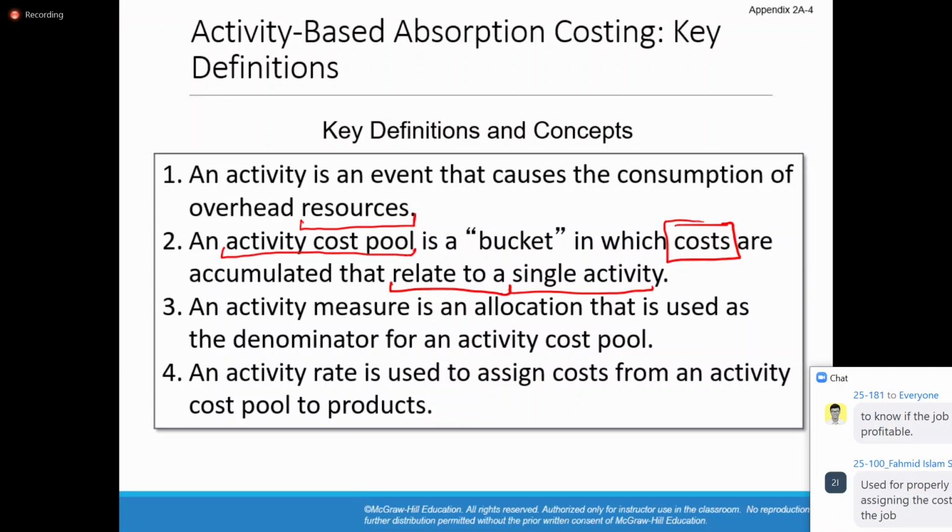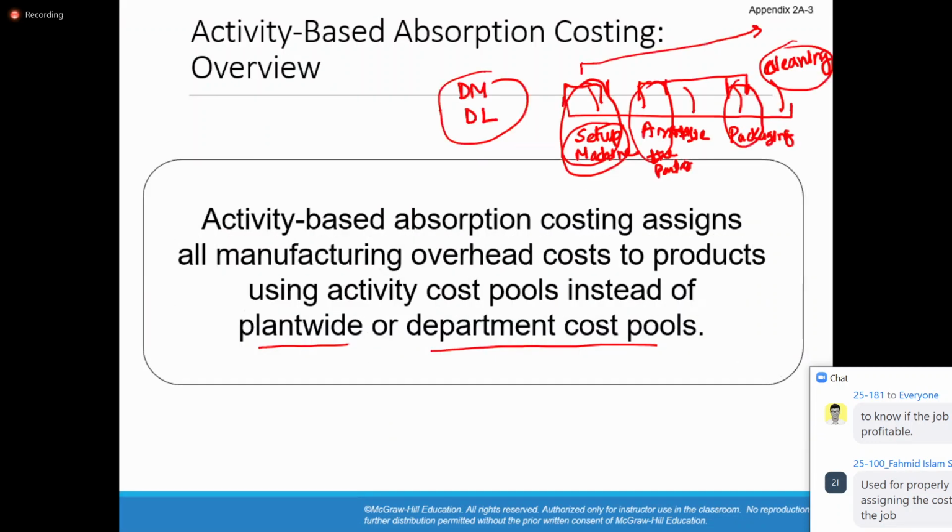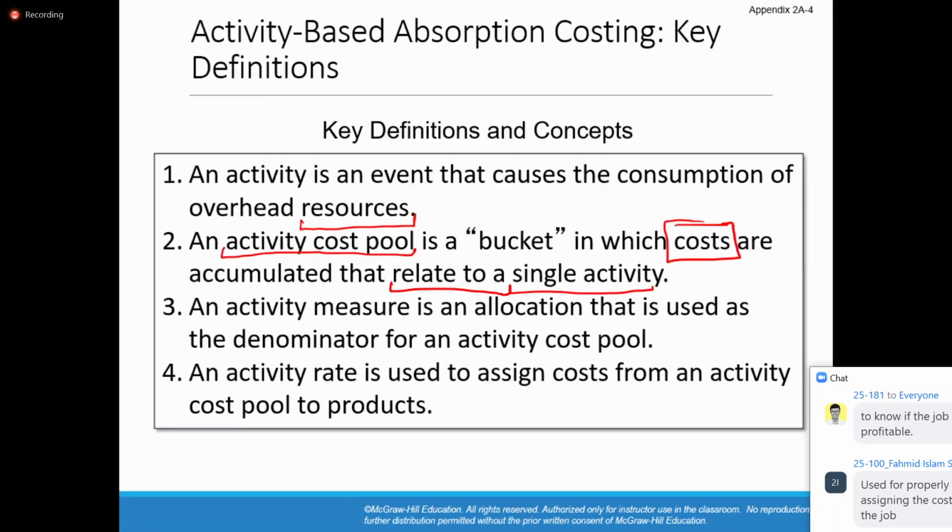So for example, for setting up a machine, a setup of a machine is usually connected to the batch of the products you will be producing. For each batch, you have to set up the machine individually. So if you have 20 batches of production, you have to set up the machine 20 times.